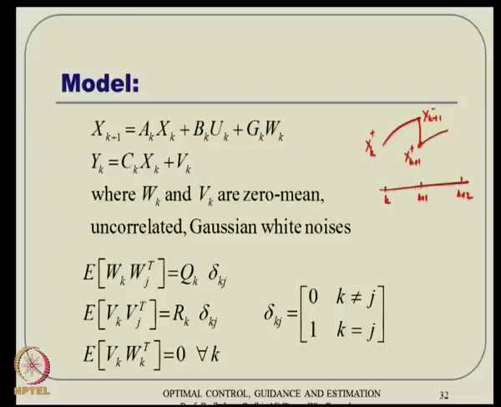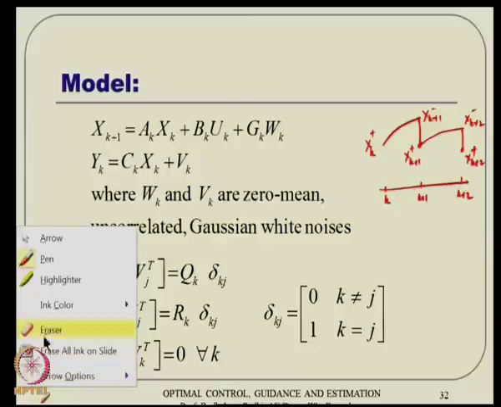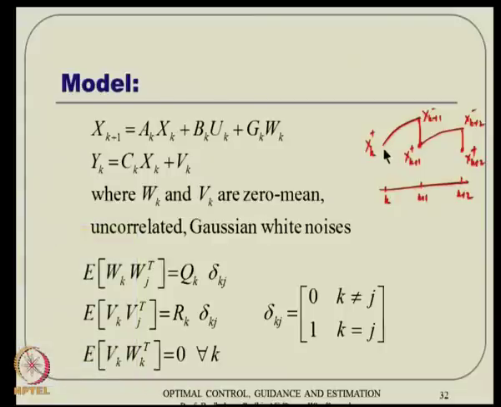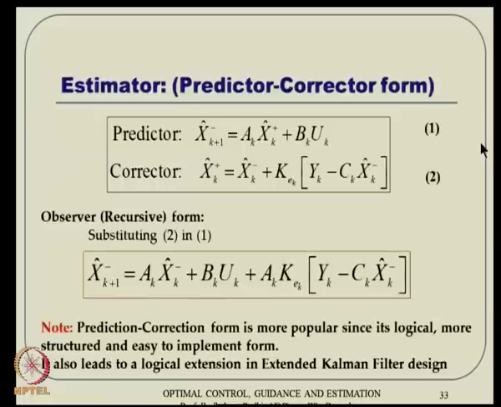Then I will predict again, and I will end up with x k plus 2 minus, and here again there is a measurement. Measurement can be either way, positive or negative, does not matter. Finally, I will get x k plus 2 plus. So, this way it will continue. In other words, I know some value, there is prediction, correction, prediction, correction, like that.